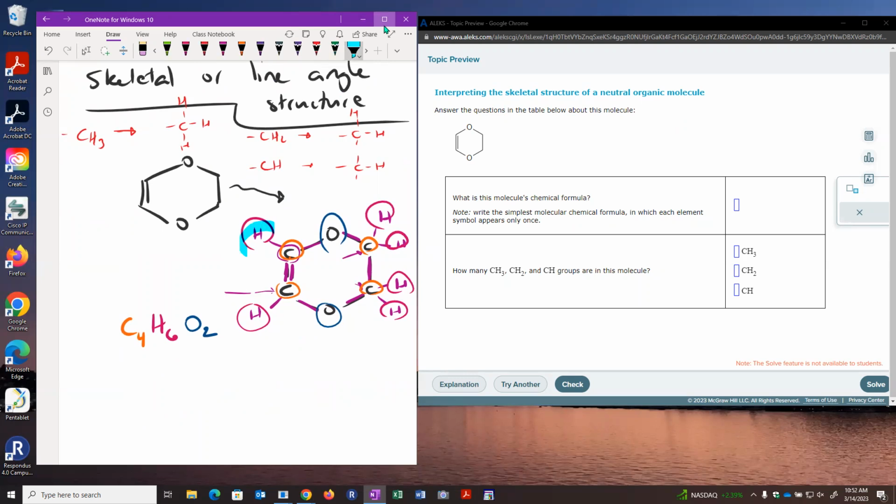So I have a CH over here. I have another CH. And then I have a C and 2 H's. That's a CH2. And that's a CH2 down there. All right, so this here is a CH2. This is a CH2. This is a CH. And then that's a CH. We have no CH3s. Obviously, you can't see a carbon connected to 3 H's.